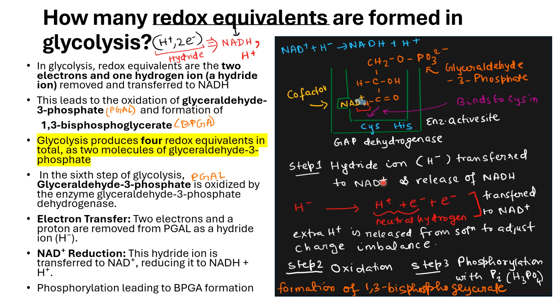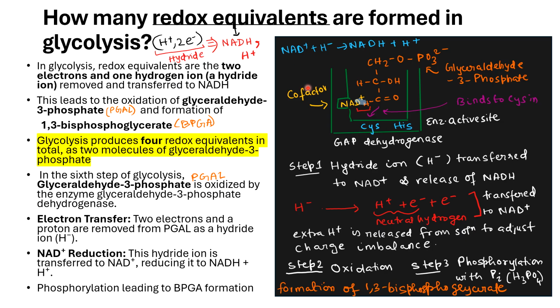Okay, so how is this H+ formed? When glyceraldehyde 3-phosphate transfers the H minus ion, it is essentially transferring one proton and two electrons. So here the charge is becoming negative and is unstable. So the solution is that it transfers one H+ ion so that it becomes neutral. That is why when NADH is formed, an additional H+ ion is also released along with it.